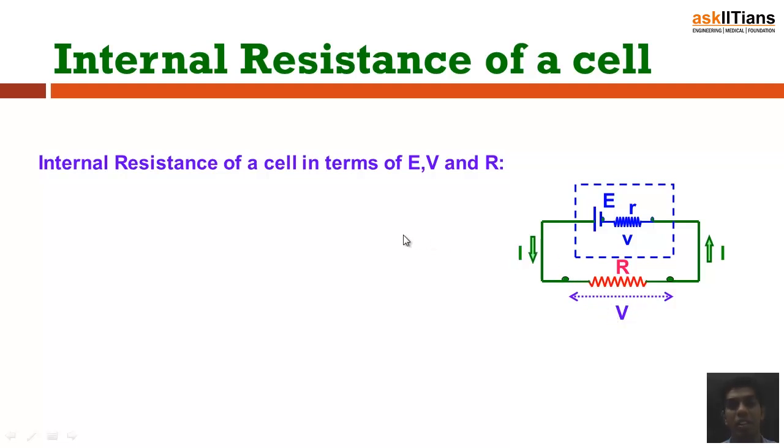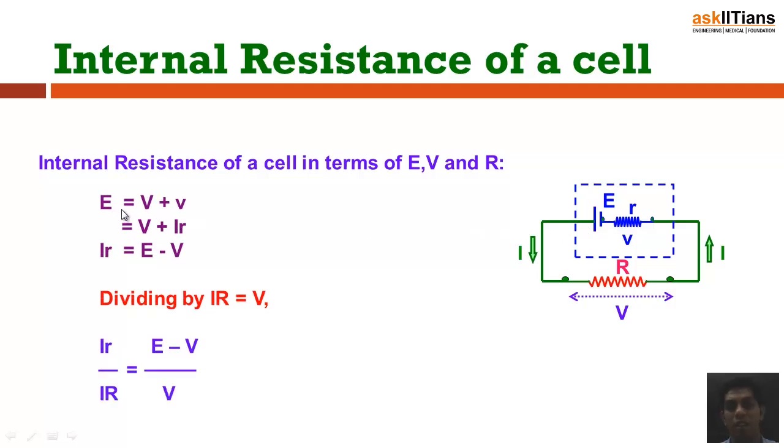Now my intention is to find out the internal resistance, that is the small r. So what we did is, we started off with the same equation, that is E is equal to capital V, the potential drop across the external resistance, plus small v, the potential drop across the internal resistance, and substitute the values of different expressions.